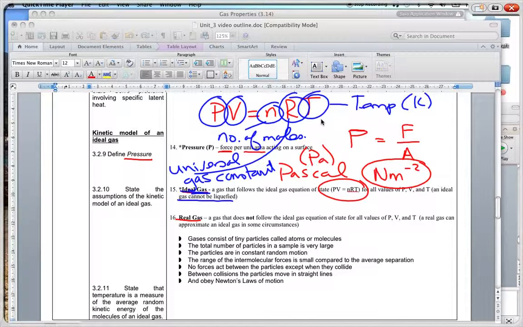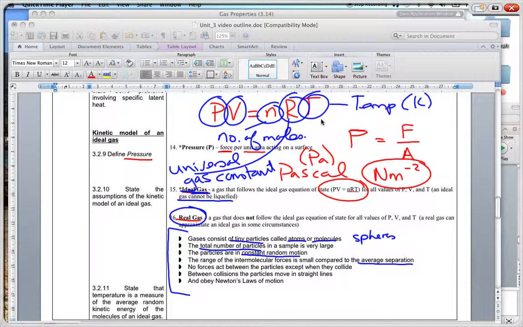Now, in a real gas, we'll come and look at a real gas now, but these are the postulates of an ideal gas. The idea is that they consist of tiny particles called atoms or molecules. They actually look at them as spheres. We have a large number of particles. They are in constant random motion. The range of intermolecular forces is small compared to the average separation.